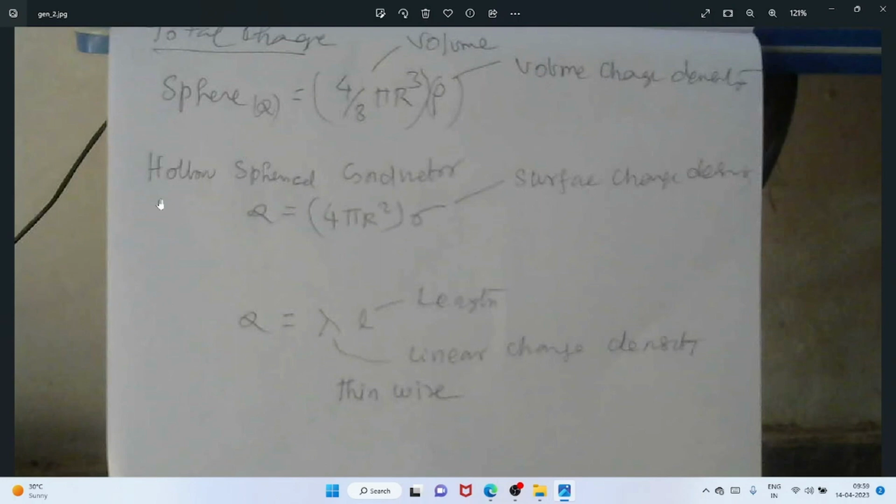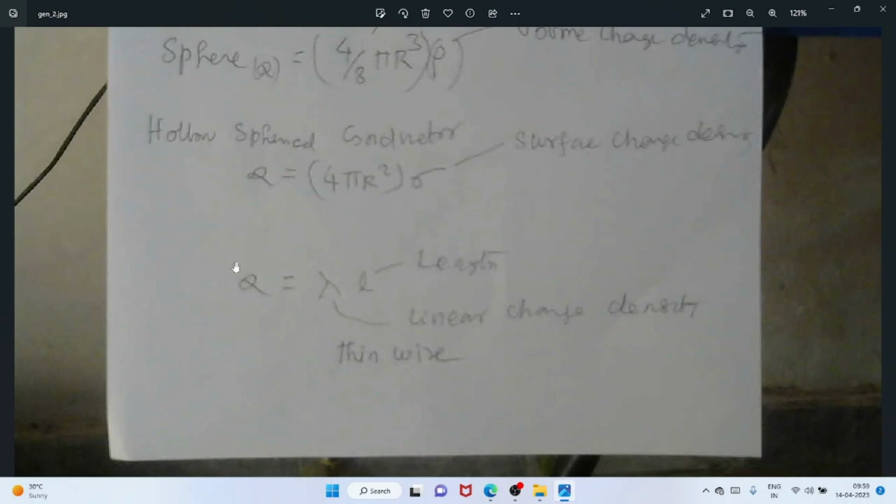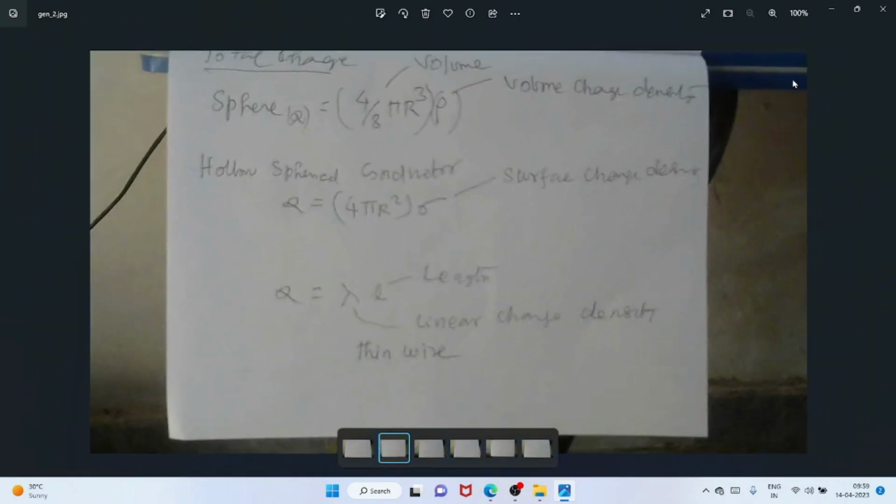Then for surface charge density, in the case of a hollow sphere, sigma into 4 pi r square, which is the area of the sphere. For linear charge density, the total charge is linear charge density into length, for example in a thin wire.